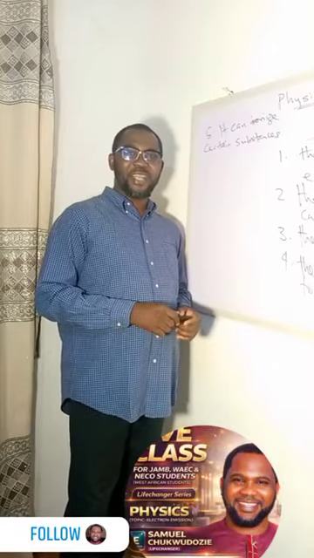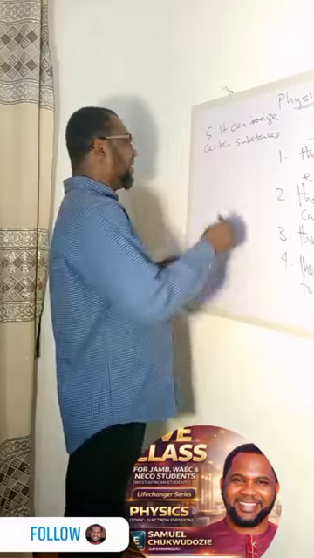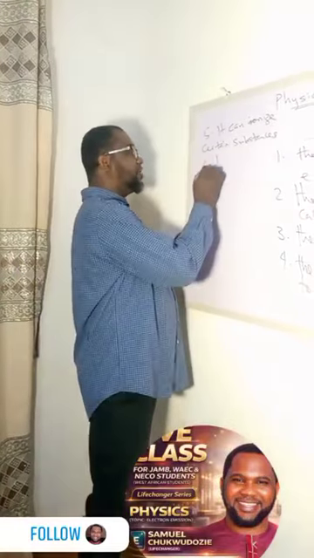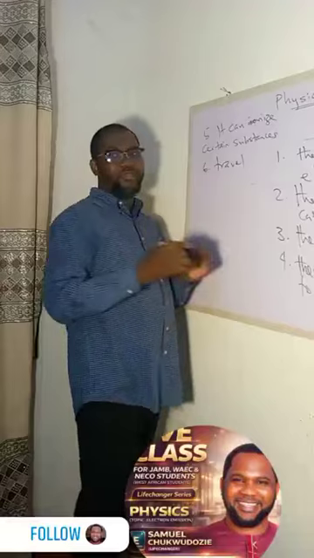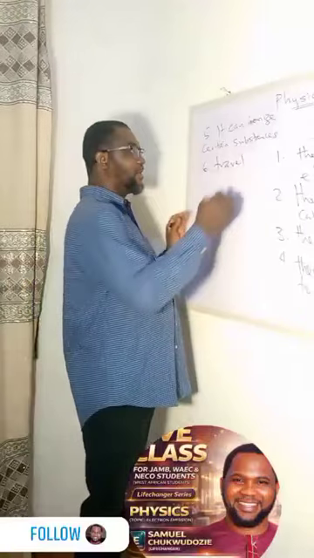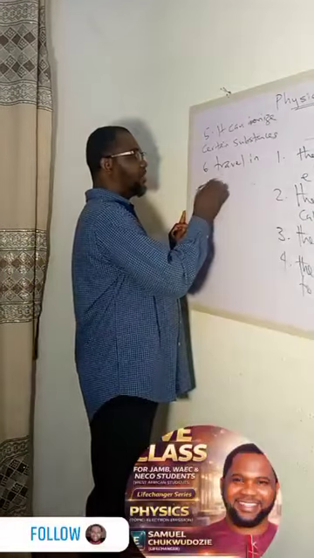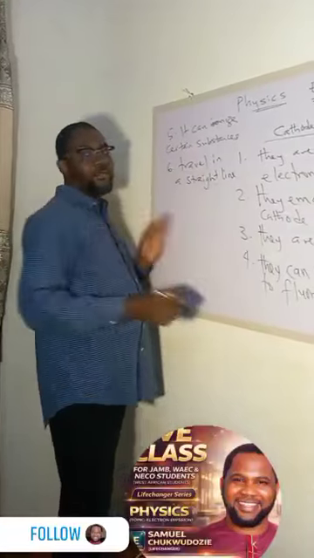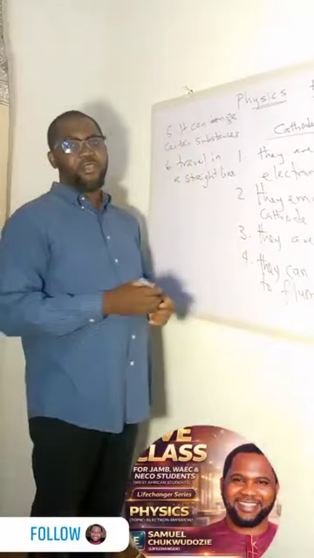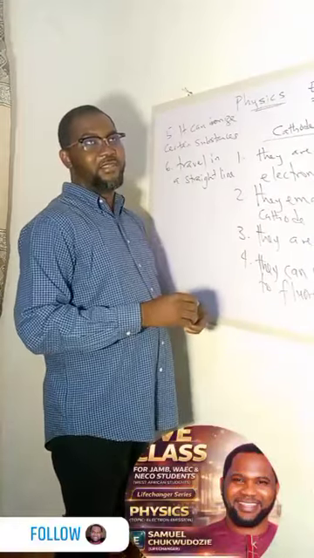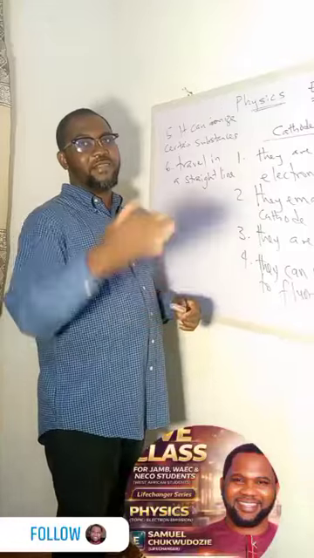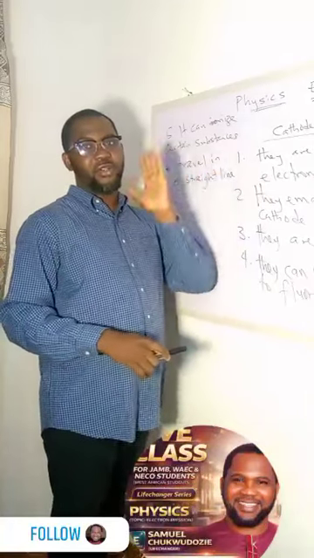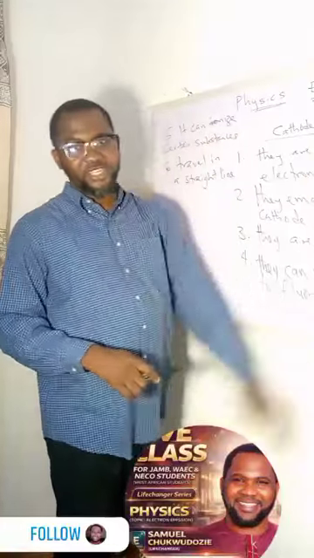Another property of cathode rays, number 6, is that they travel in a straight line. This one comes out a lot in exam cases. You will never see cathode rays having a circular motion or deviating in different paths. Cathode rays always travel in a straight line.